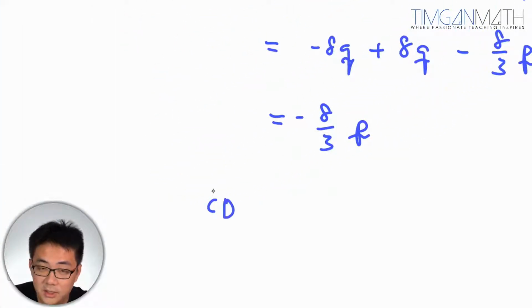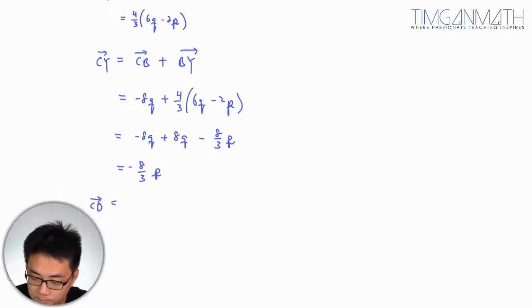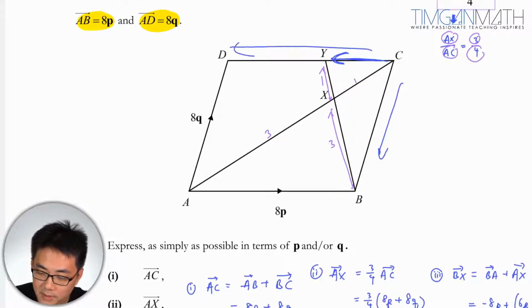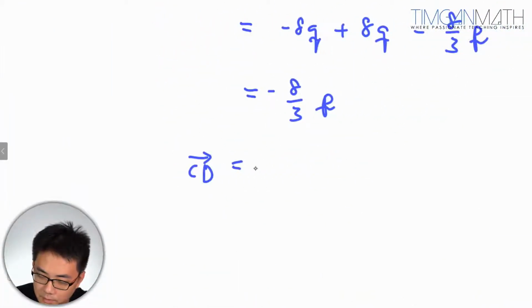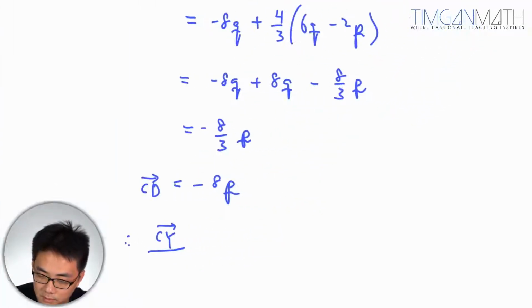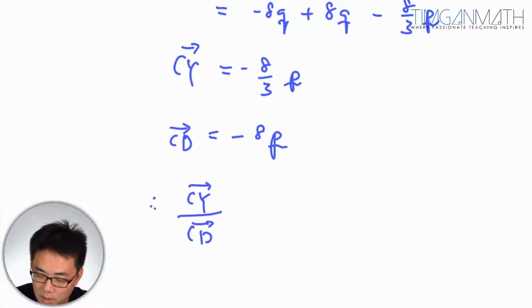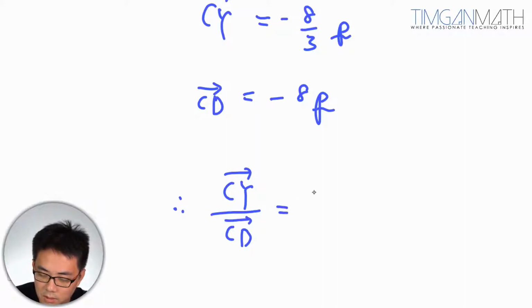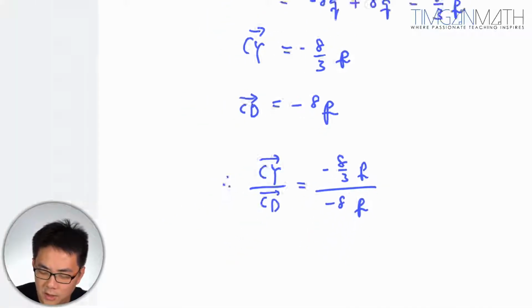Then what we need is C to D, which is just minus 8p. Hence CY over CD is minus 8 over 3 p over minus 8p.